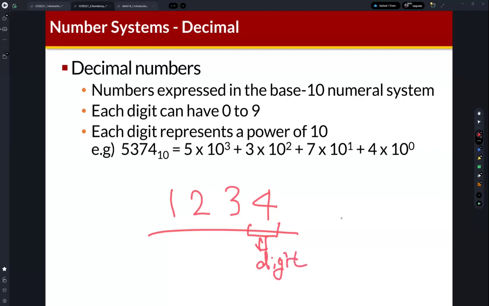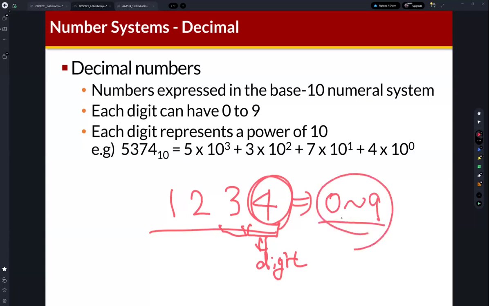Each digit can include numbers from 0 to 9. This is the definition of a decimal number system.